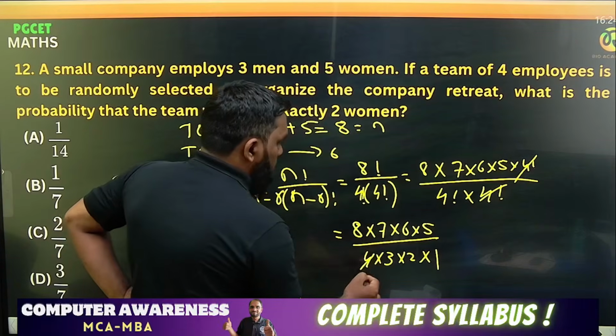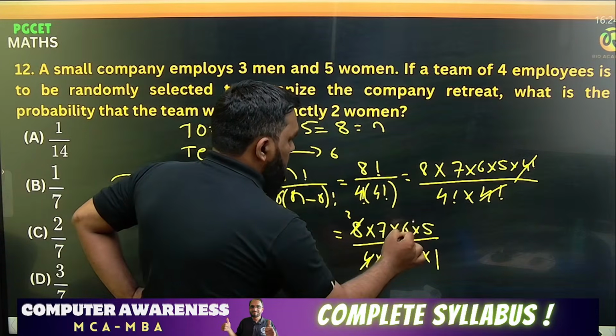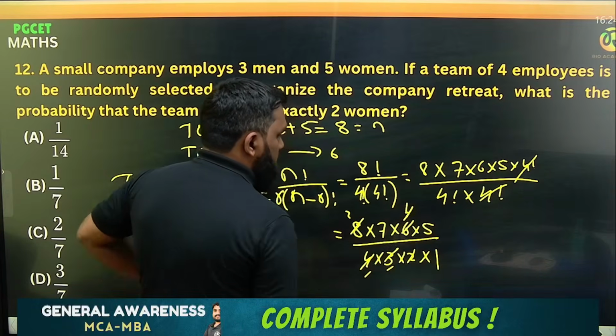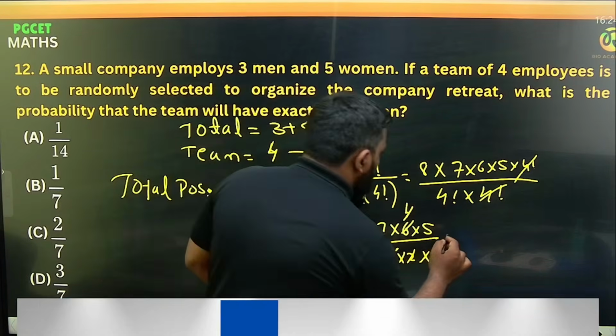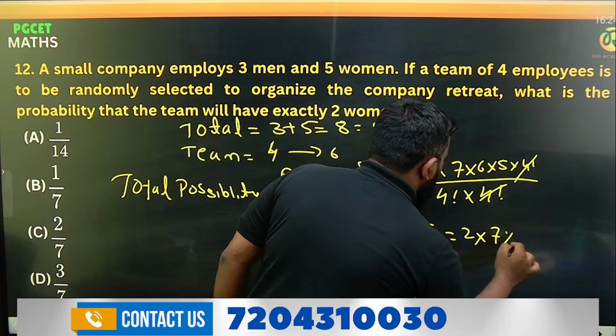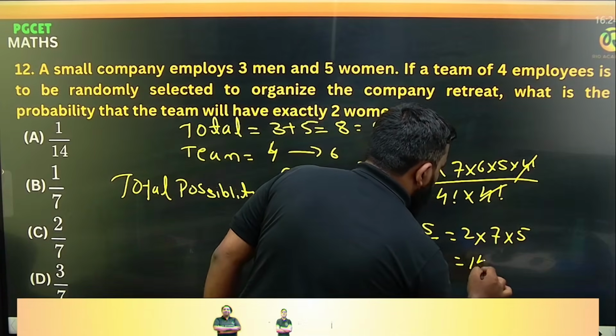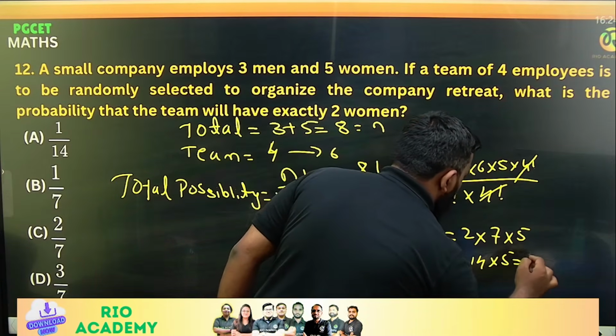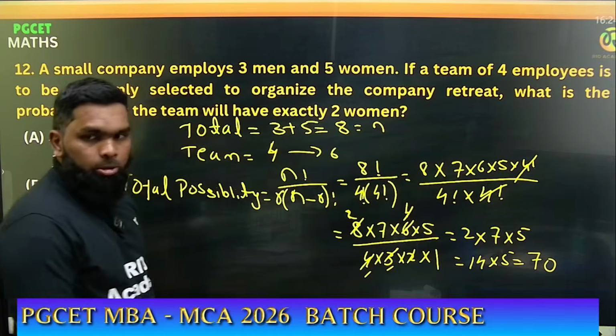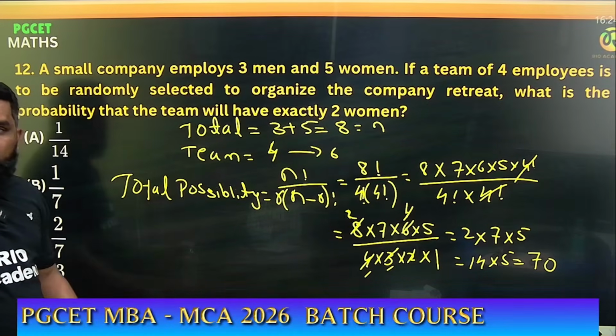Now cancel: 4 twos are 8, 3 twos are 6, and 2 ones get cancelled. Remaining is 2 into 7 into 5. 2 sevens are 14, 14 into 5 is 70. Total number of possibilities is 70.